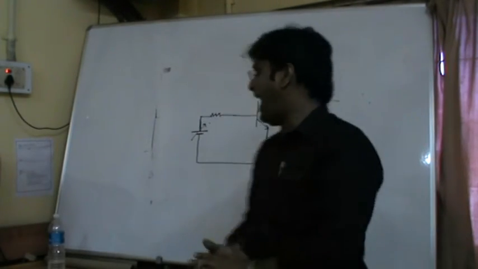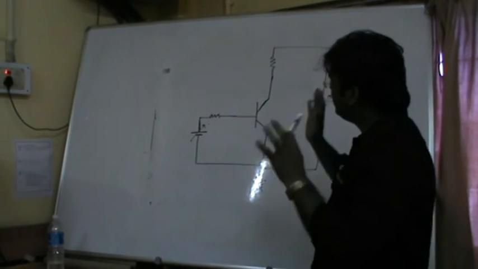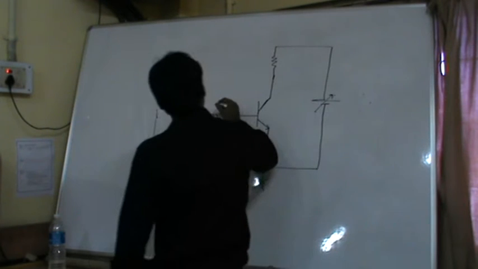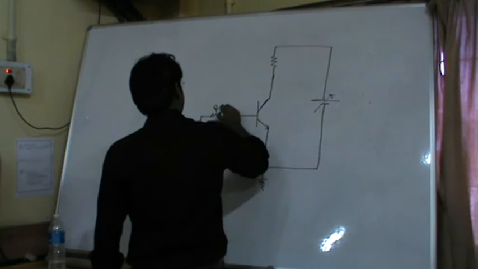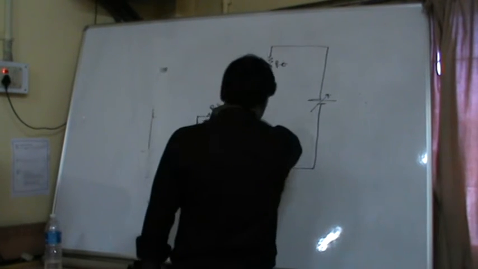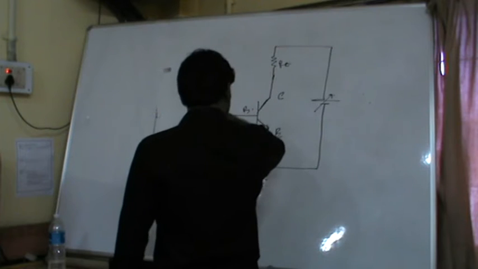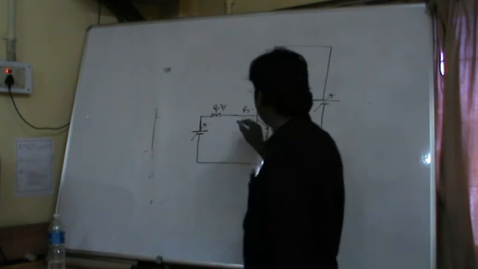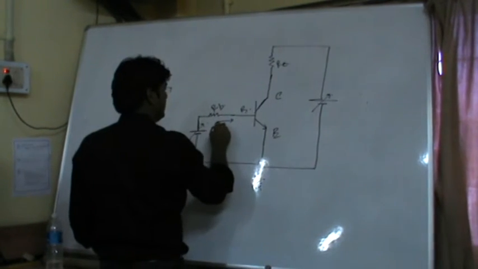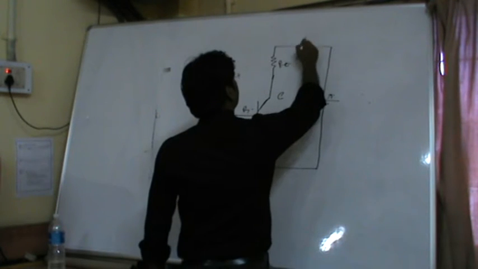Now, as this is the input portion and this is the output portion, there are some entities. Let me consider that this is RB, this is RC. Okay, this is C, this is E, this is B. There is a current flowing, that is IB, and there is another current flowing, that is IC.